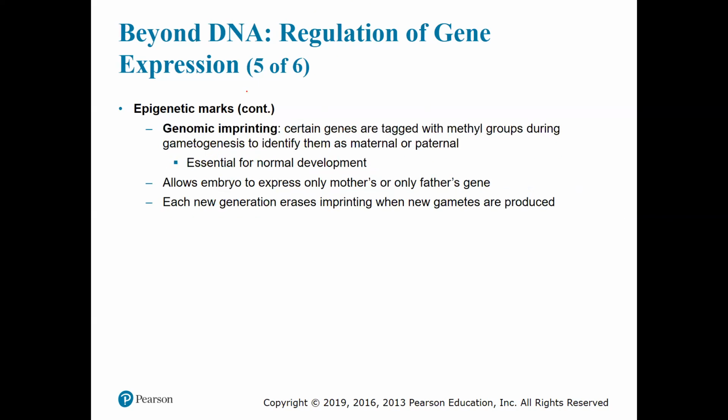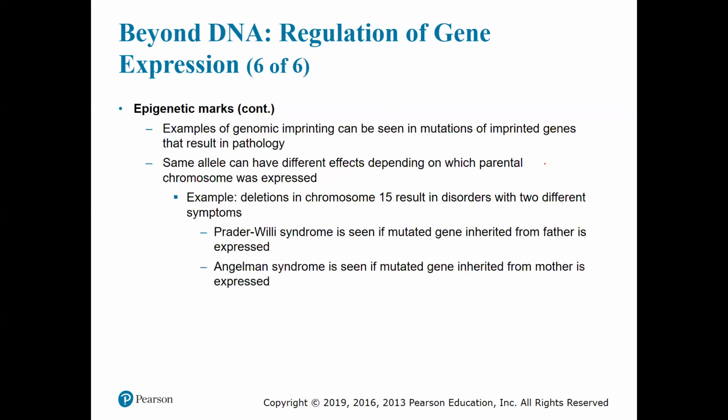This is genomic imprinting. Certain genes tagged with methyl groups during gametogenesis can identify them as maternal or paternal, normal for development, and it allows expression of only a mother's or father's gene. And each generation ideally re-establishes imprinting when you produce new gametes. But again, not always. Pathologically, you may not.